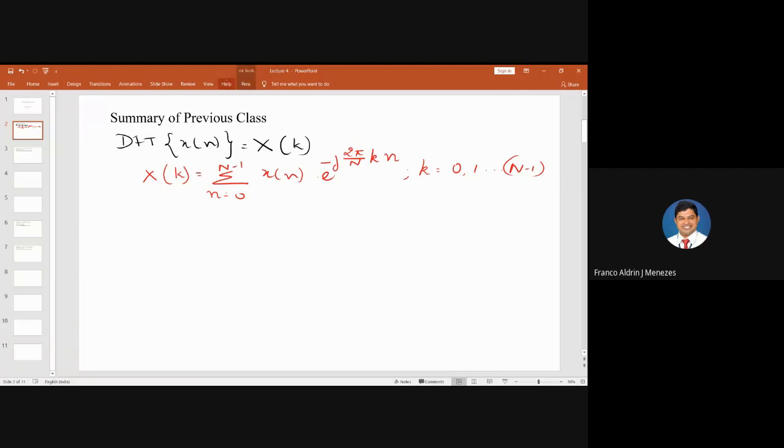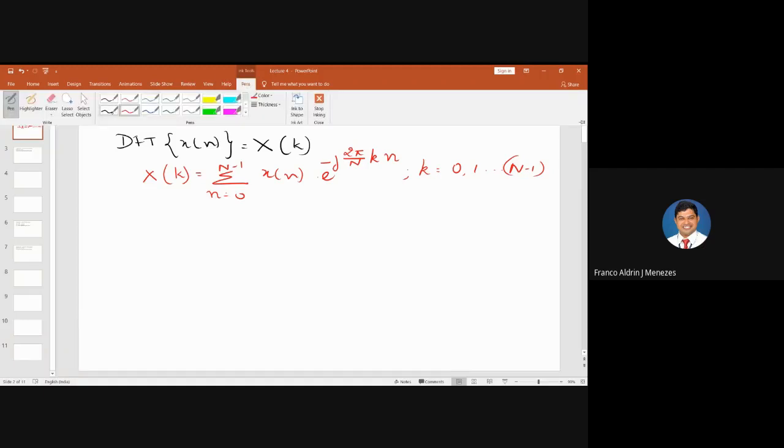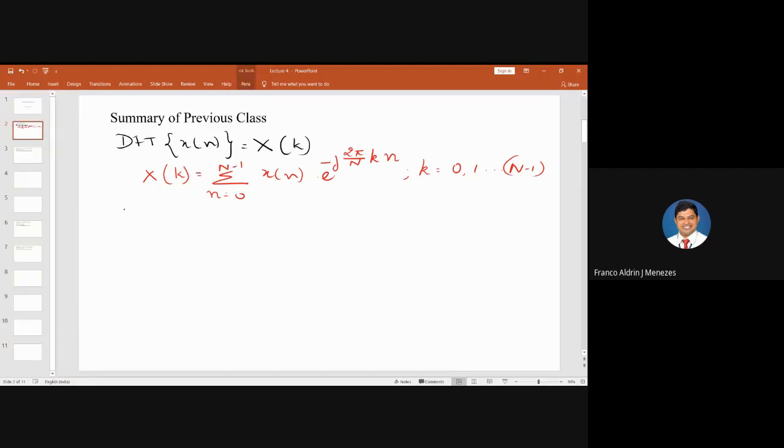Similarly, we obtained another definition for the IDFT, that is the inverse discrete Fourier transform of x of k, which was equal to x of n.